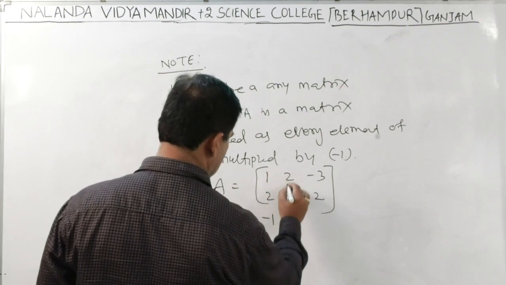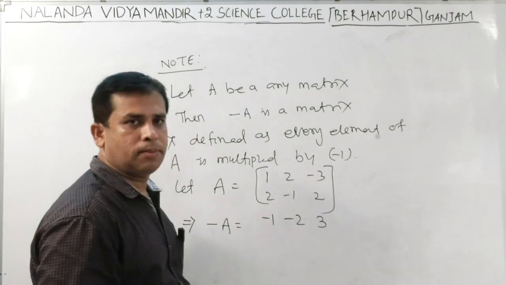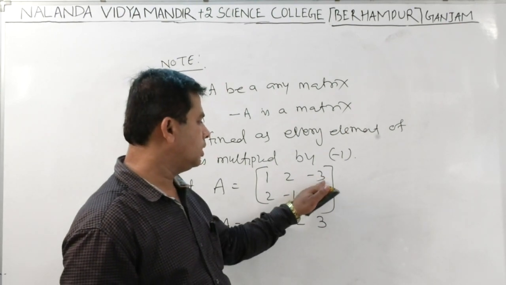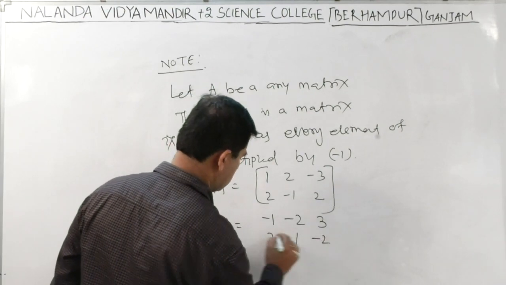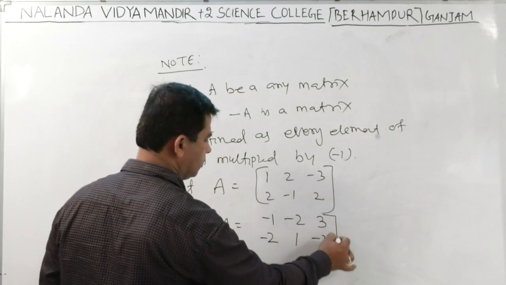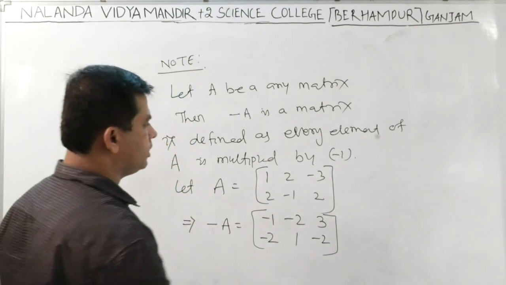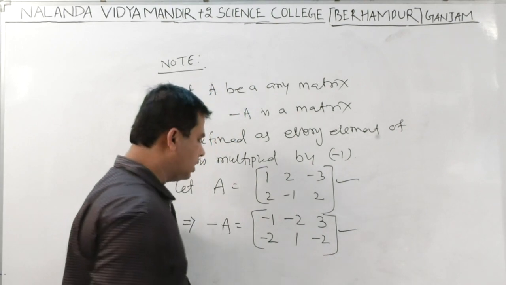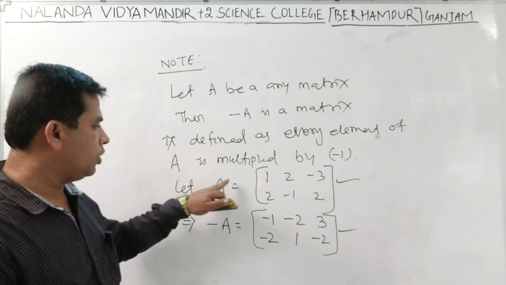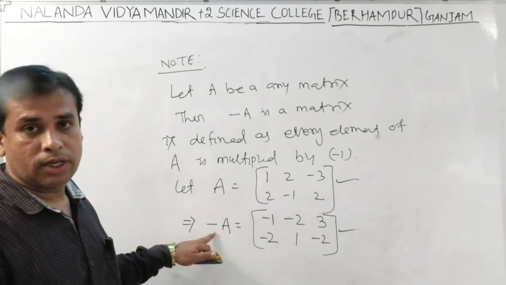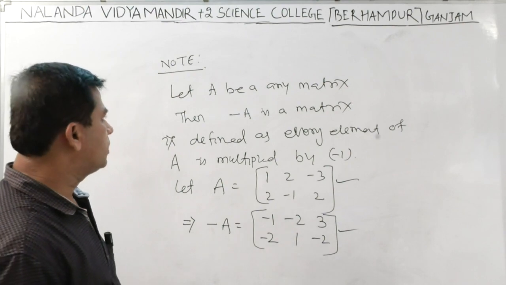Minus 1, minus 2, and if we multiply minus 3 by minus 1 we get 3. Similarly 2, 1, minus 2, minus 2, 1, minus 2. This is the negative of matrix A. If A is this, then the negative of this matrix is this, and it is denoted in this way.